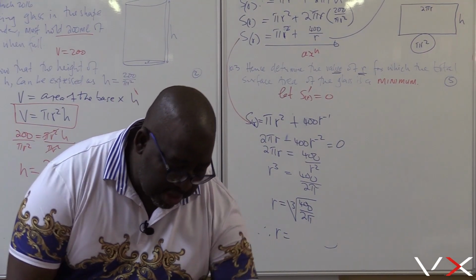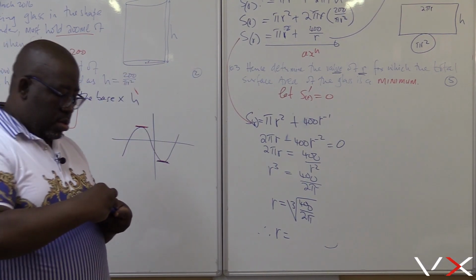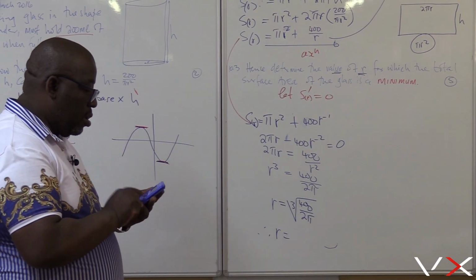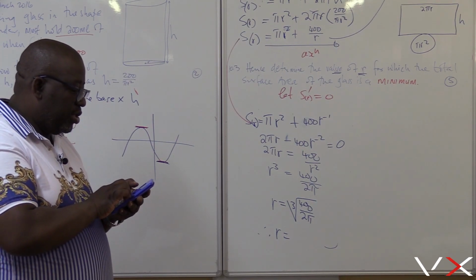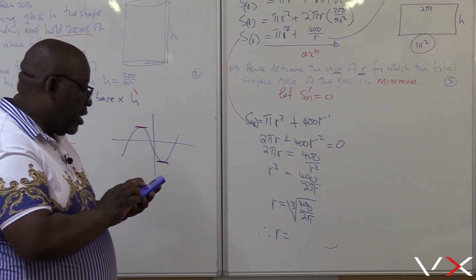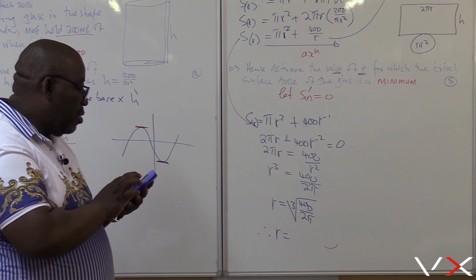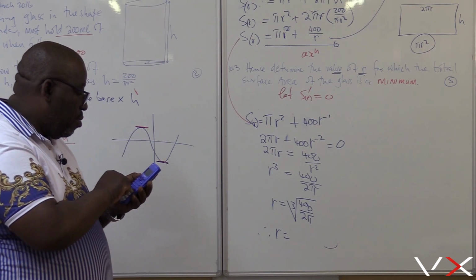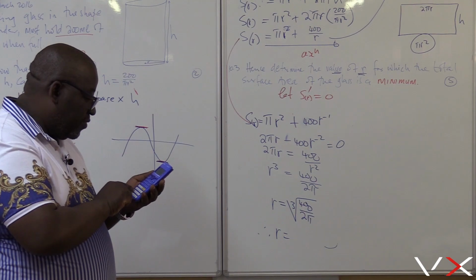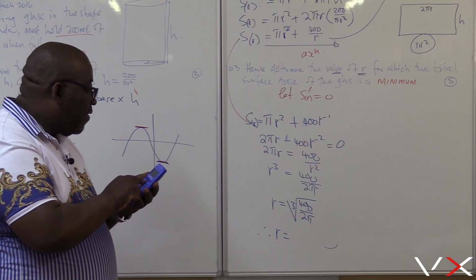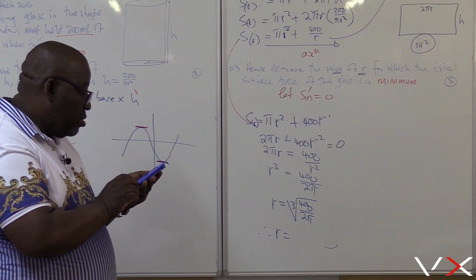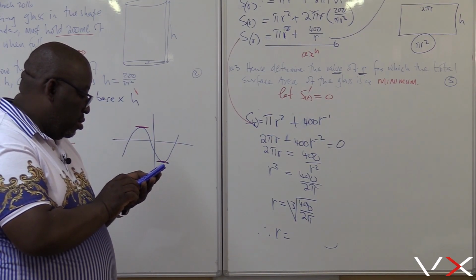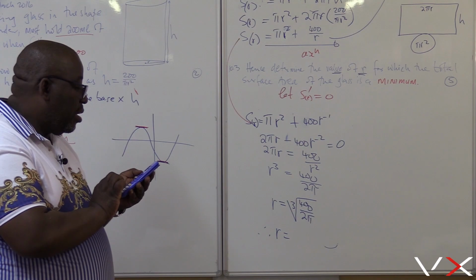Let's quickly do it. Where's my cube root? Oh, my cube root is there. Shift cube root. I go inside, that's a fraction form. Numerator is 400 divided by 2 pi. Where's my pi here? Okay, shift pi.